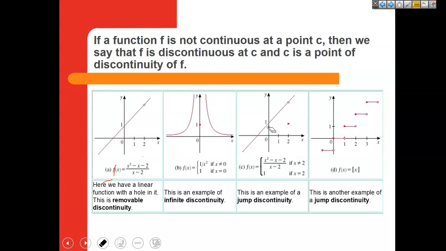And an integer function is an excellent example of jump discontinuity. So the last two are both jump discontinuity. The removable and jump are very similar, but the hole that has a point filled in becomes jump, because you basically jump down, and then jump back up.